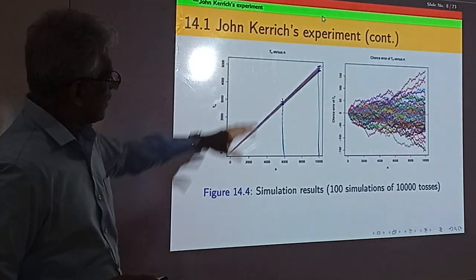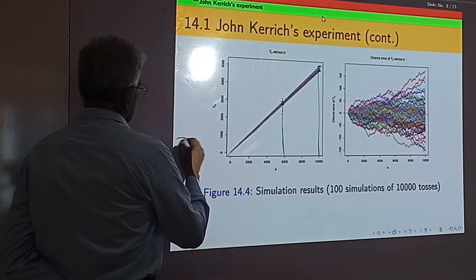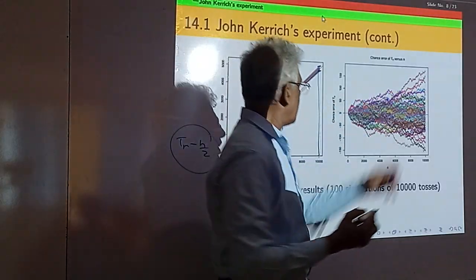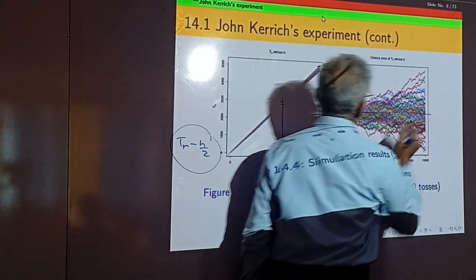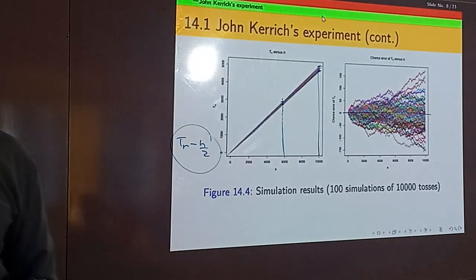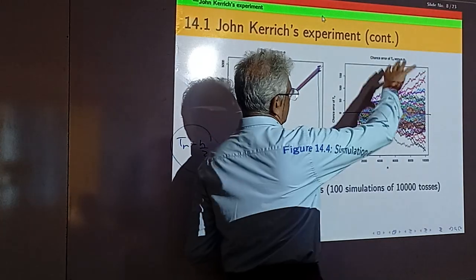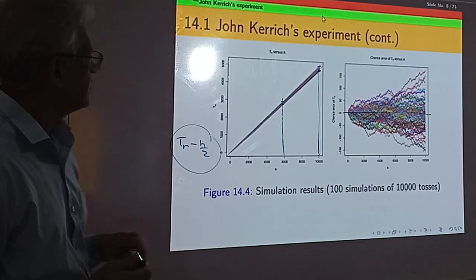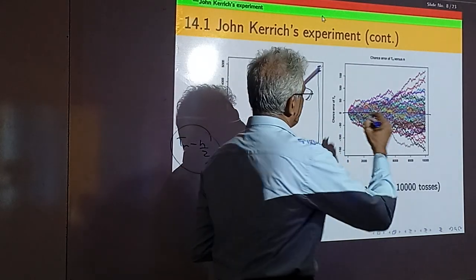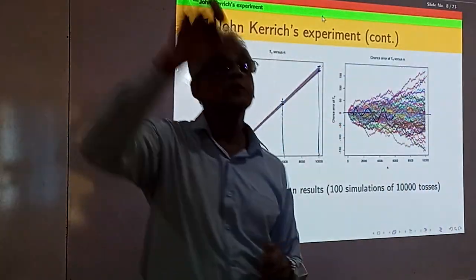What I have done here is actually the chance error, that is Tn minus n over 2. So now the n over 2 line becomes the 0 line, because the expected error is n over 2 minus n over 2, which is 0. So these are the chance errors. Again, you can see that the chance error is also increasing. Earlier we saw only one curve. Now you have 100 possibilities.